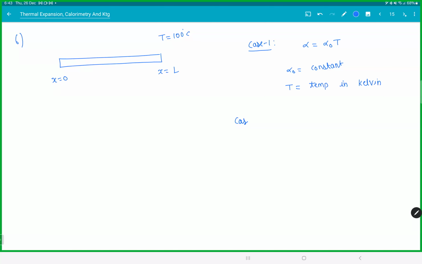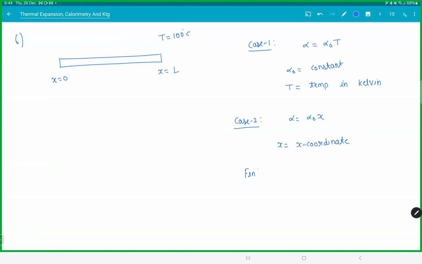Case 2, alpha is equal to alpha naught x. So this is something else. This is changing with position, meaning the left-hand side of the rod will expand less compared to the right side of the rod. The more the x coordinate, the more the alpha. I hope you're getting that both cases are different. First one depends on temperature, so if you increase the temperature, the whole rod will expand more and more. Case 2 depends on the coordinate. The right side, the more the x, the more it will expand.